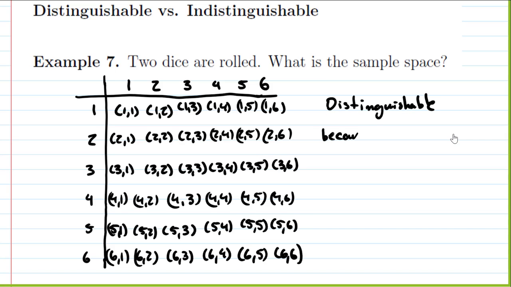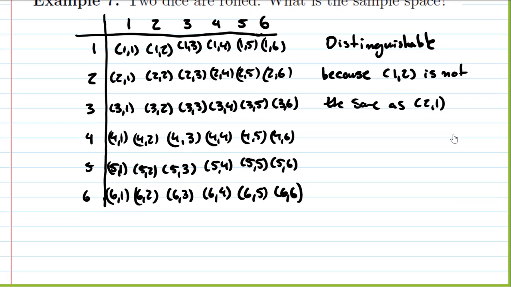Because 1, 2 is not the same as 2, 1. If my dice were indistinguishable, what would have to be eliminated?